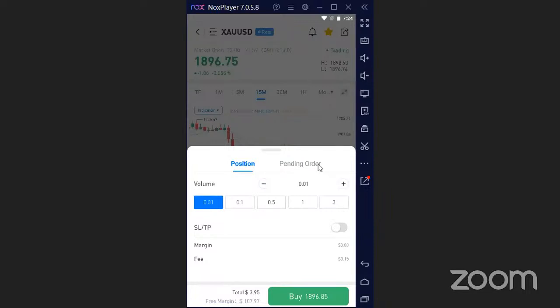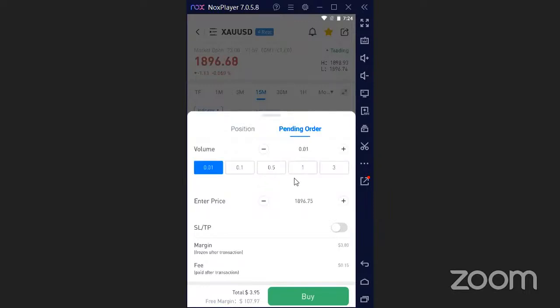If I want to set my pending order, I come to this pending order here and enter the price I want the market to get to before my order gets executed. So that is what a pending order means: a market that is not yet executed. You want it to get executed later when the market gets to that price. I hope you are getting it. All right, so let's move on.